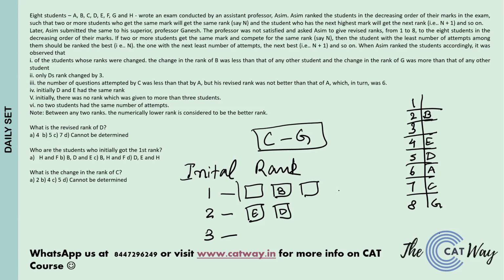So those are the 3 people who are going to occupy the first 3 ranks, whereas E is left, who has got the rank of 2, and that means he has to at any cost occupy the rank of 4, because top 3 ranks are with initial rank 1. 4 was the only position left, and that is with E, and he has got an initial rank of 2. That means the people above in the rank 1 were either H, B and F in any order. Now this is not the order that I have specified. They might be in any order.